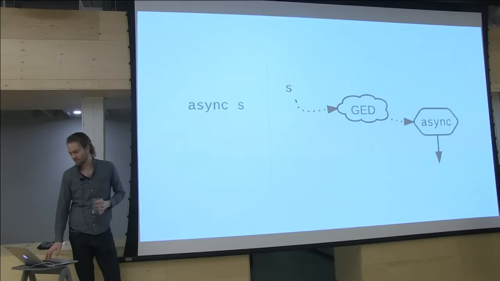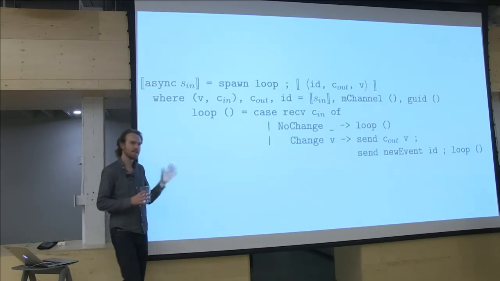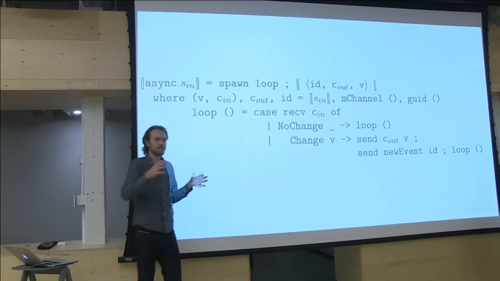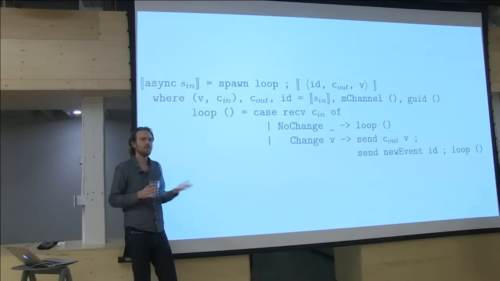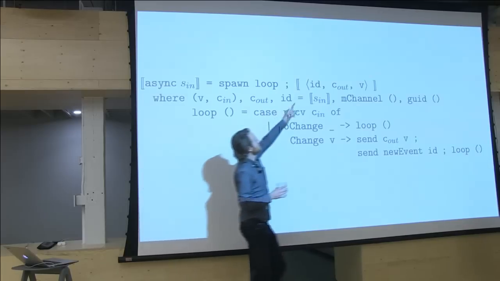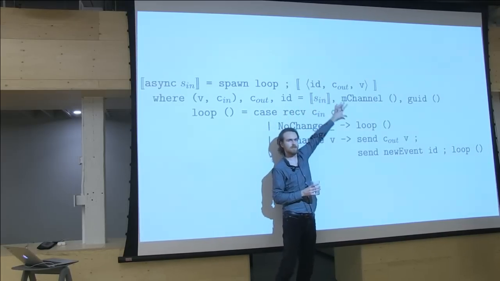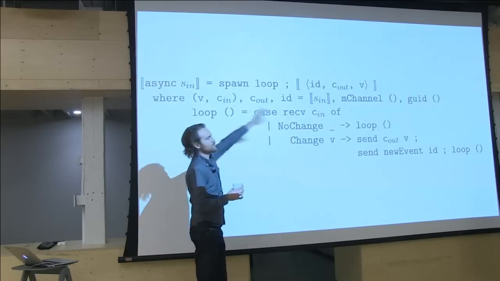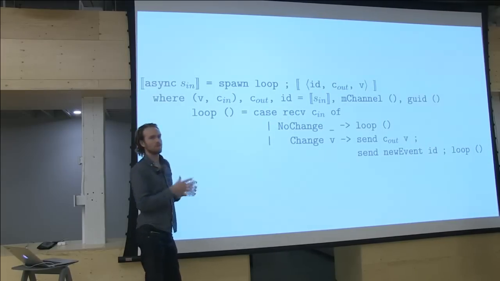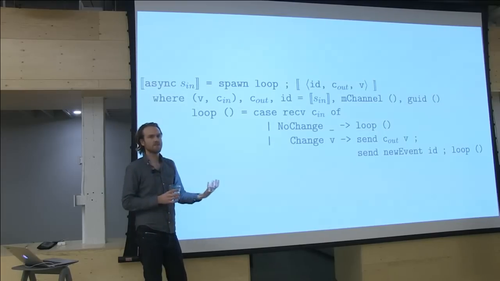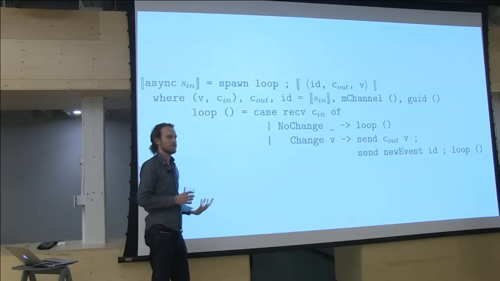Async. So the async function, there's no async node really. It's just returning a new input node. Here, you might remember this kind of syntax from the input node definition before. So it's returning a new input node that will behave like any other input node, but it's going to get events from whatever signal you give the async function.